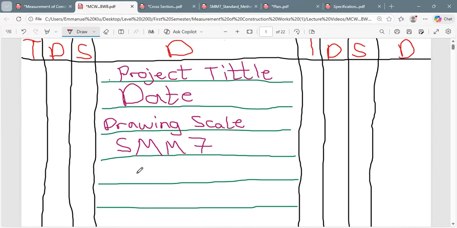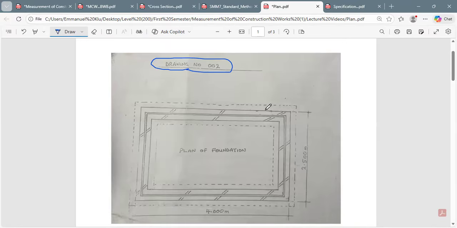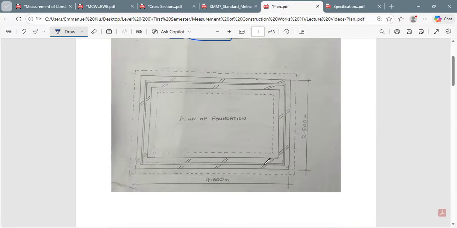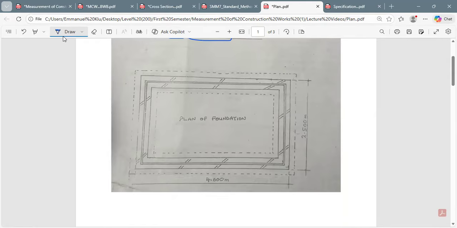The next thing we do is the drawing number. Let's say the drawing number is drawing number 2 from the plan. So let's quickly go and put that there.